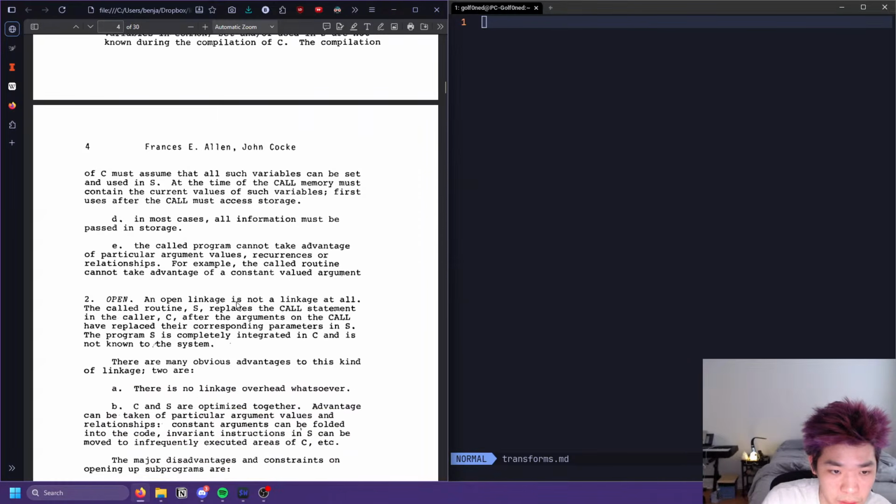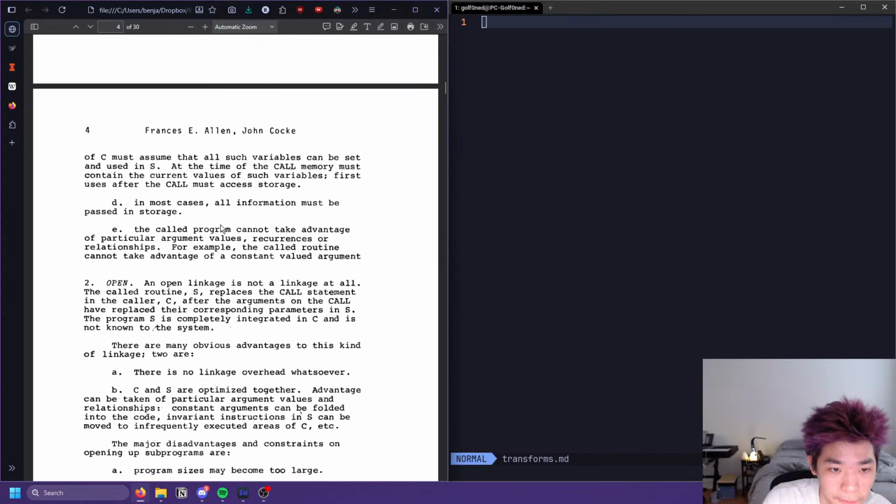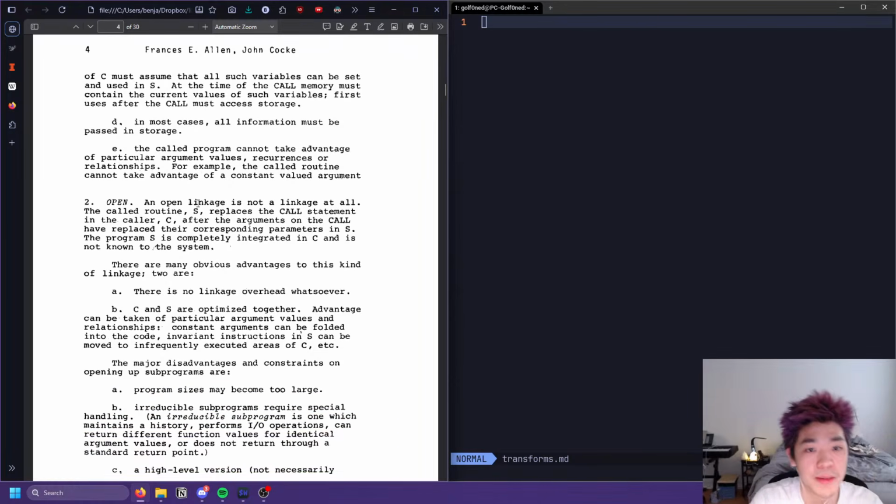Okay, so comparing this with open linkage. So it is not a linkage at all. That's very helpful. Okay, so this is just inlining to my understanding.